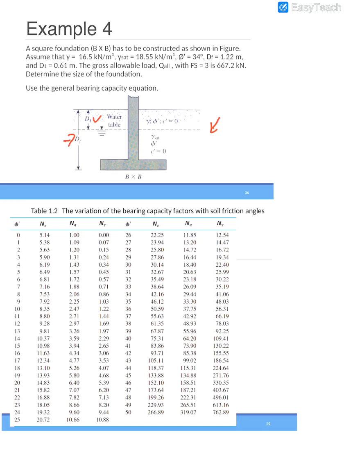The gross allowable load, capital Q, with factor of safety 3, is 667.2 kilonewton. Determine the size of the foundation. Use the general bearing capacity equation.